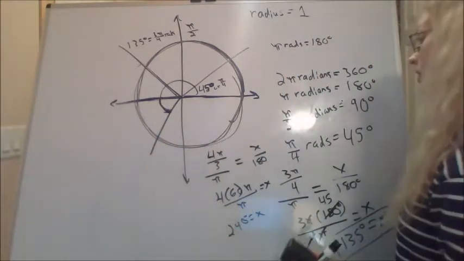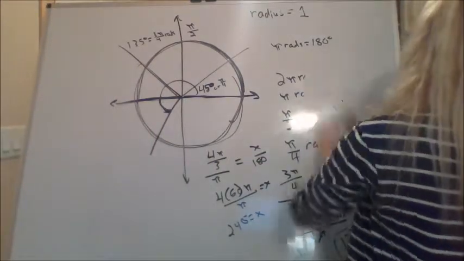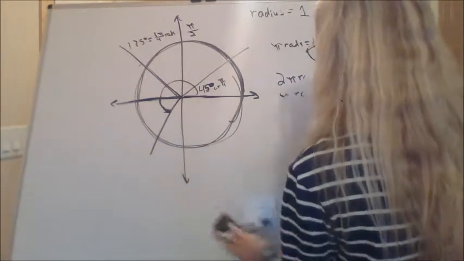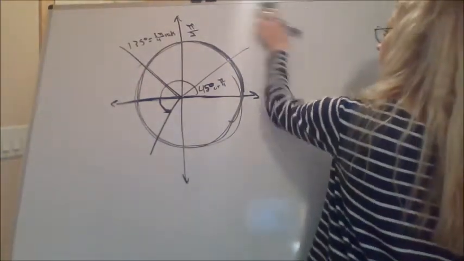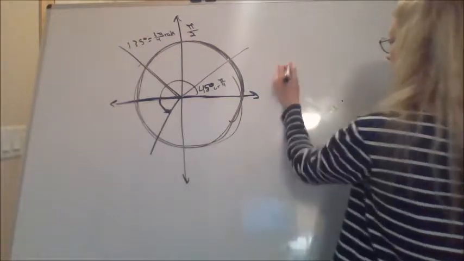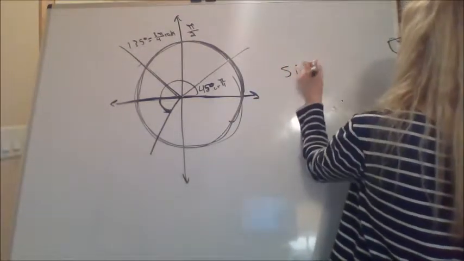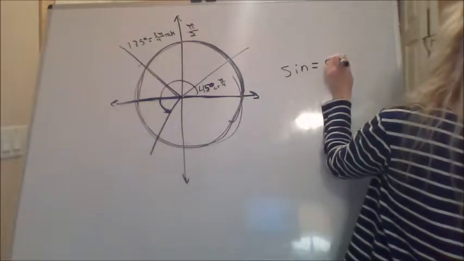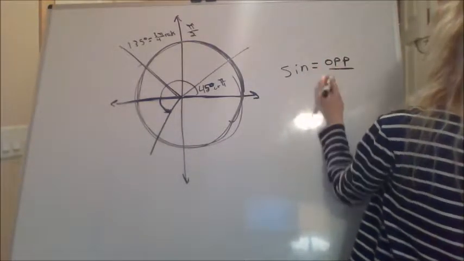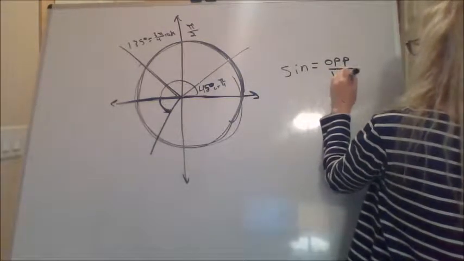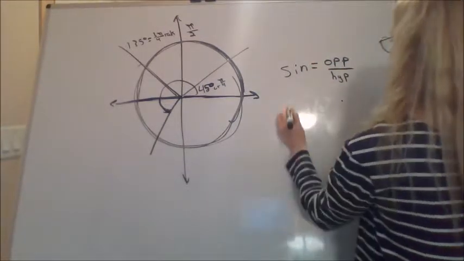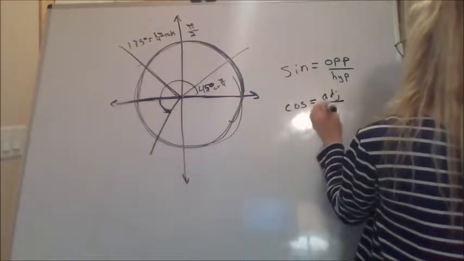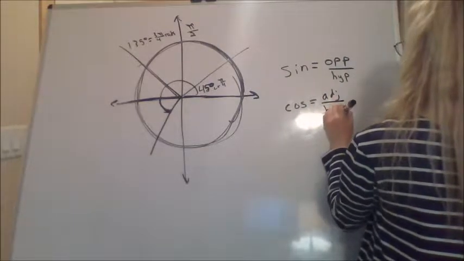And so if we think about trig, we know from the past SOHCAHTOA. Now if we review what SOHCAHTOA means, that's basically telling us that sine equals opposite over hypotenuse, and then cosine equals adjacent over hypotenuse.